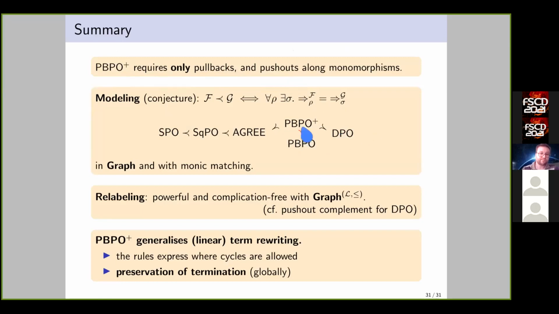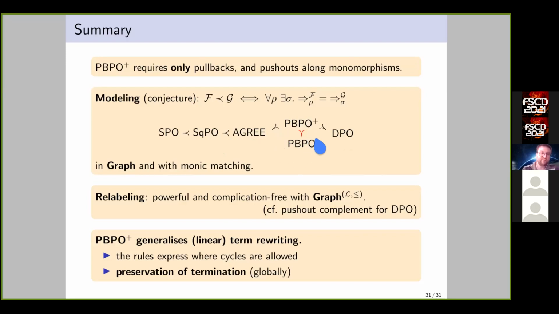Also, this method PBPO Plus, at least that's what we strongly believe, strictly subsumes all the existing categorical frameworks that are there. So it subsumes SPO, DPO, SqPO, and it also subsumes PBPO.